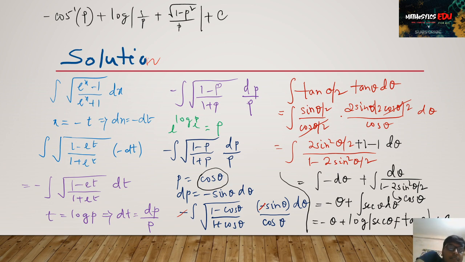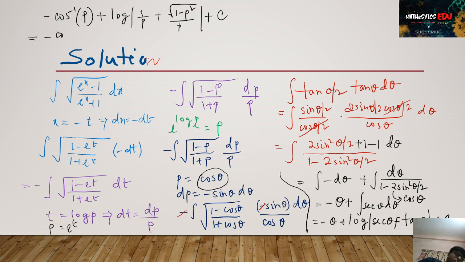1 by p plus root over 1 minus p square by p plus c. Okay, now in place of p I will write, see, t is equal to log p, so p is equal to e to the power t. Right? So let me write it over here.